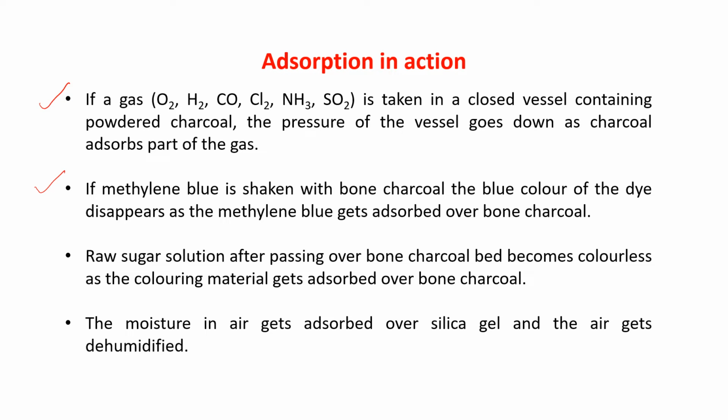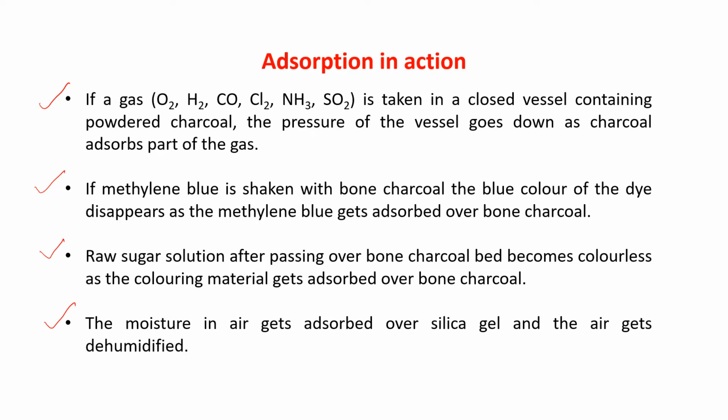Number 2, if methylene blue is shaken with bone charcoal, the blue color of the dye disappears. Why? Because methylene blue gets adsorbed over bone charcoal. Number 3, raw sugar solution after passing over a bone charcoal bed becomes colorless as the coloring material gets adsorbed over bone charcoal.